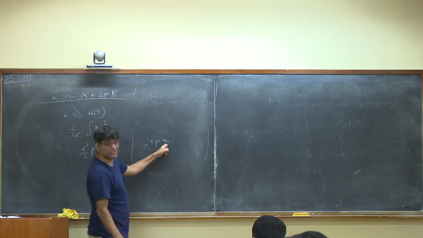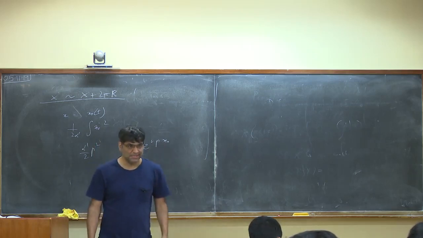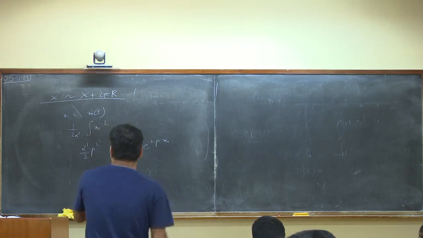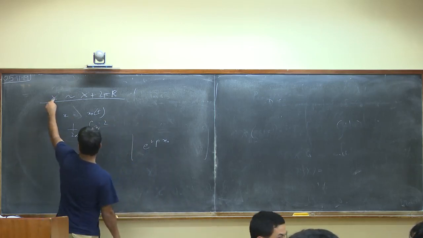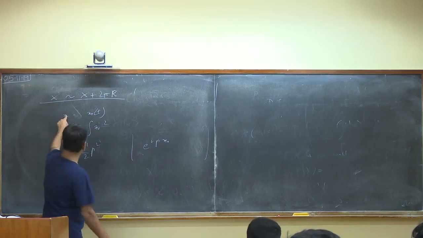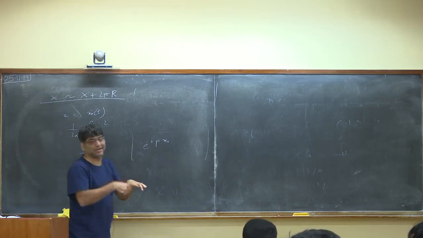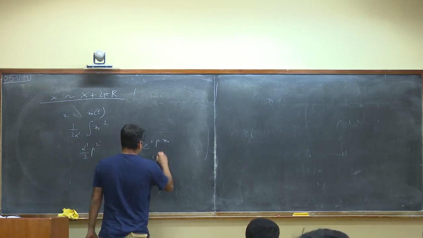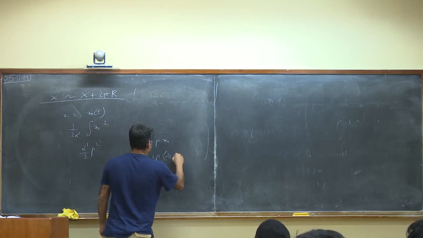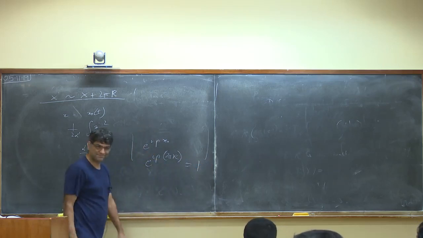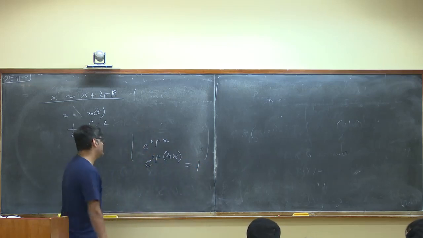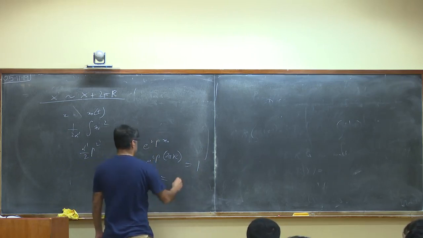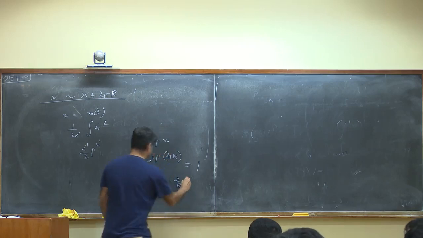But this wave function has to be periodic, as it has to be single valued. It should give you a single answer for x naught, irrespective of whether you choose x naught or x naught plus 2 pi r. So it must be that e to the power i p into 2 pi r is equal to 1, which means that p has to be equal to n by r.